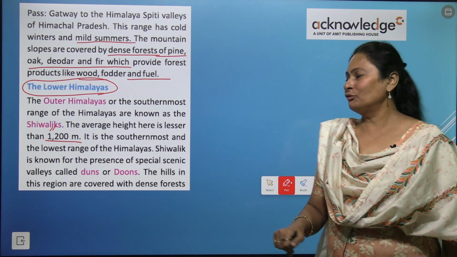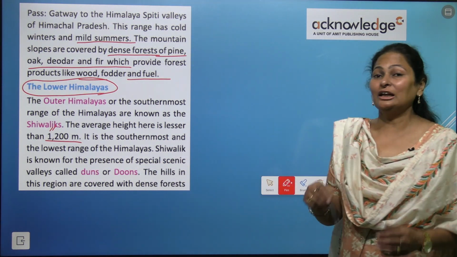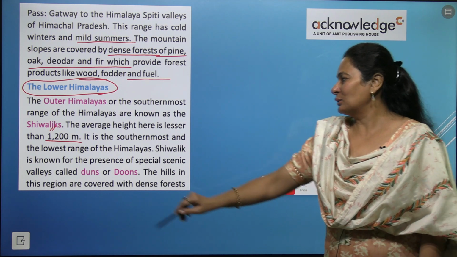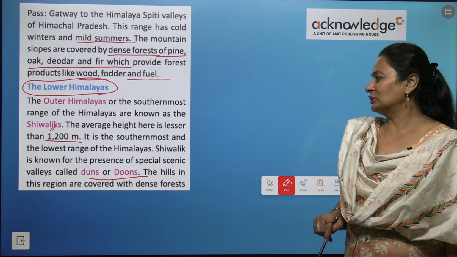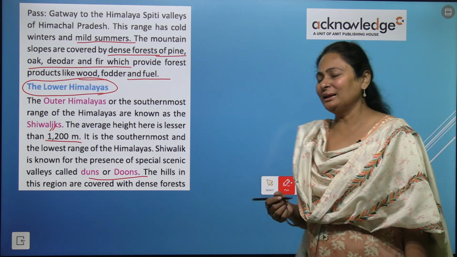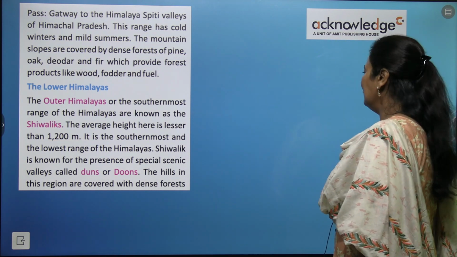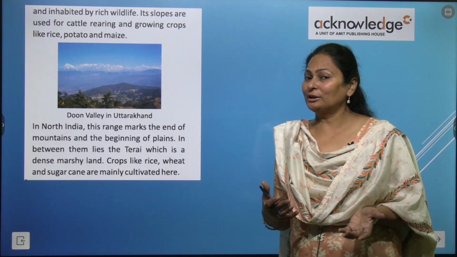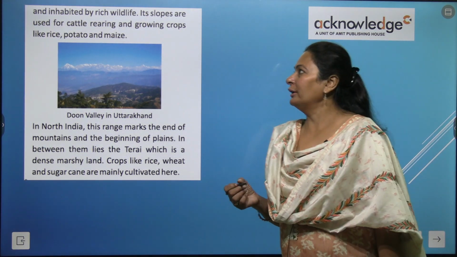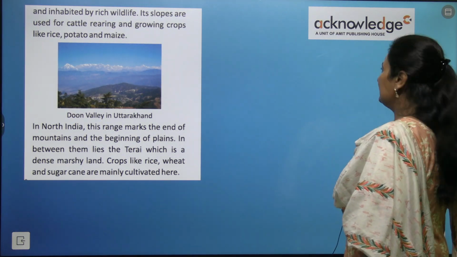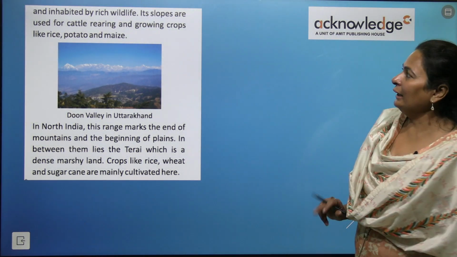Shivalik is known for the presence of special scenic valleys or dunes. The hills in this region are covered with dense forests. These mountain ranges are not covered with snow. They are covered with dense forests and inhabited by rich wildlife.